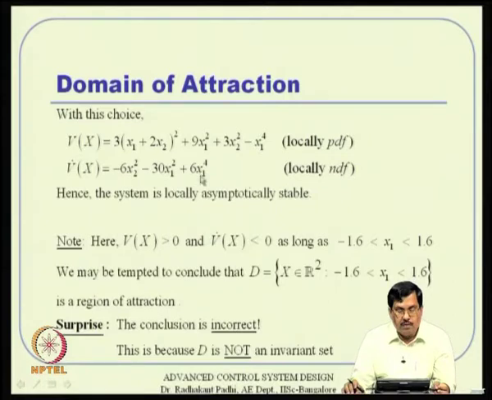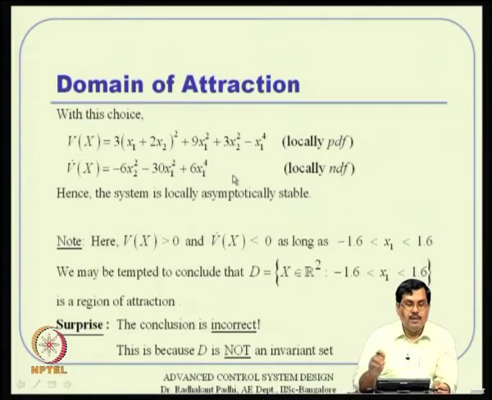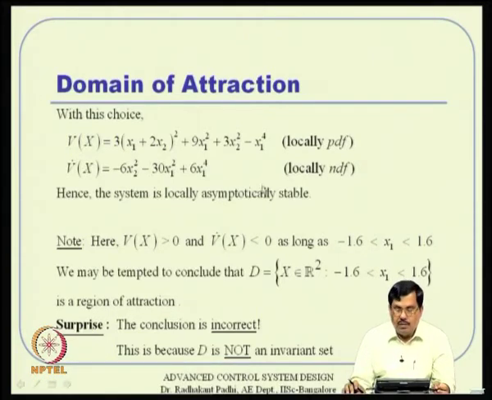Everything is negative here, plus 6 x1 fourth. So, the trouble making terms are only x1 terms. Now we want to analyze the condition based on an x1 bound, and it turns out that as long as x1 is bounded below and above by minus 1.6 and plus 1.6, then V dot is guaranteed to be strictly less than 0. That means V dot is negative definite.